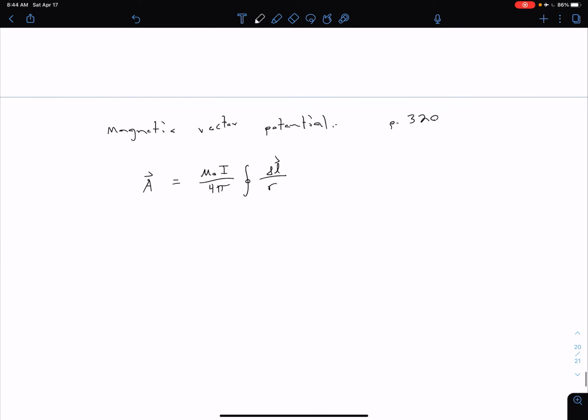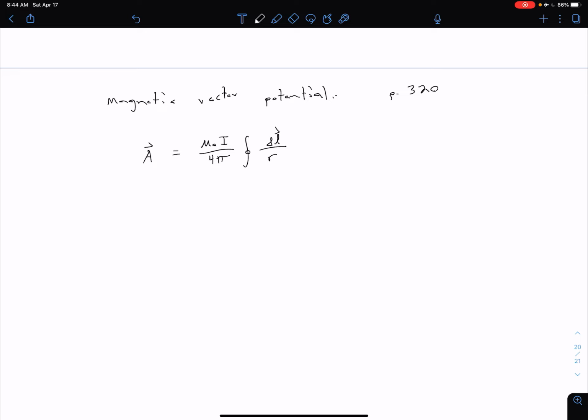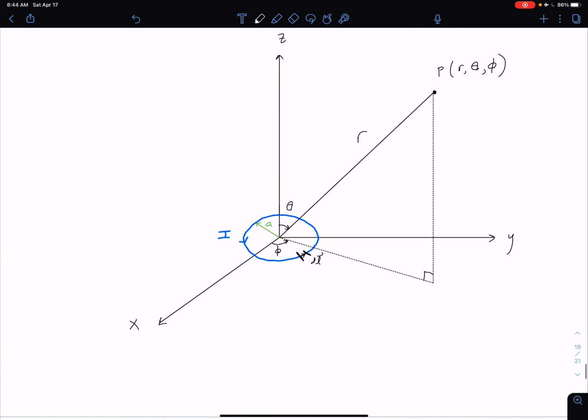And so again, we're not going to go through all of the analysis of this, but what we would see is if we're considering the case of the far field, which is just defined as our r being much greater than a, so we're really, really far away compared to the radius a, so I forgot to point that out, but we have some radius a of this loop.